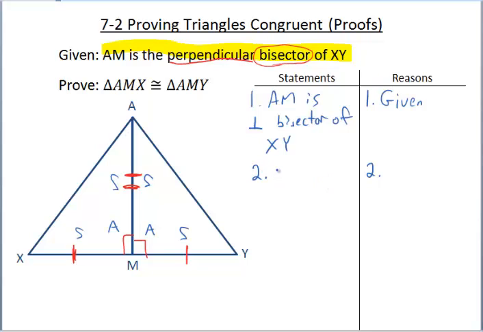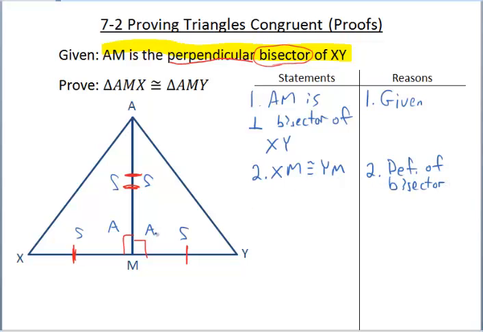Okay? What can I gain from that? If that's given, okay, I know that these two segments are congruent to each other. So I know that next, XM is congruent to YM. Well, why can I say that? Why, based on this, can I say that those two segments are congruent to each other? Well, that's just simply because the definition of bisector. Definition, DEF, of a bisector.